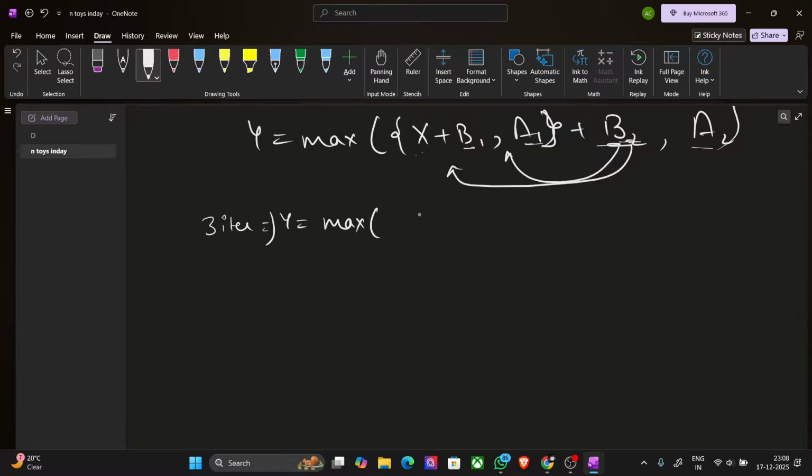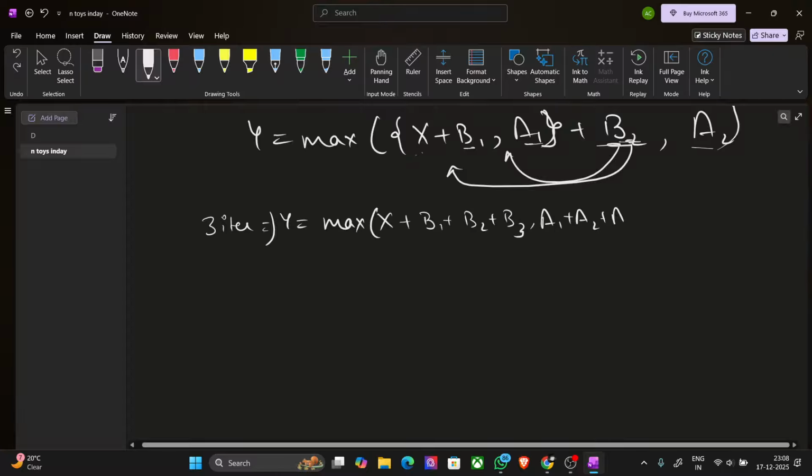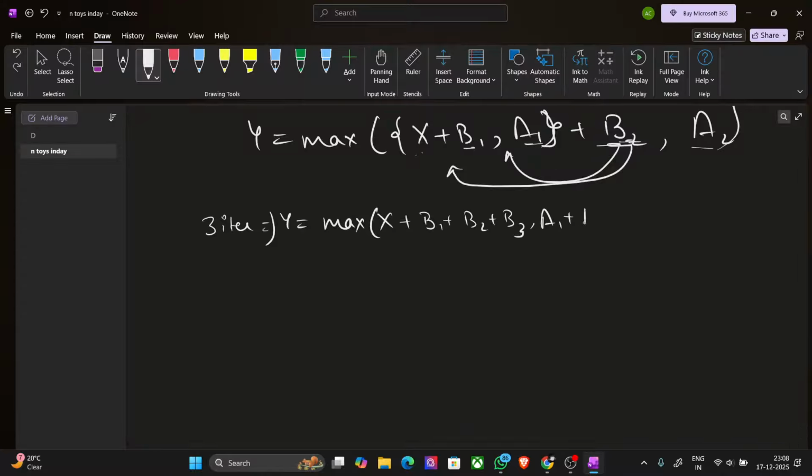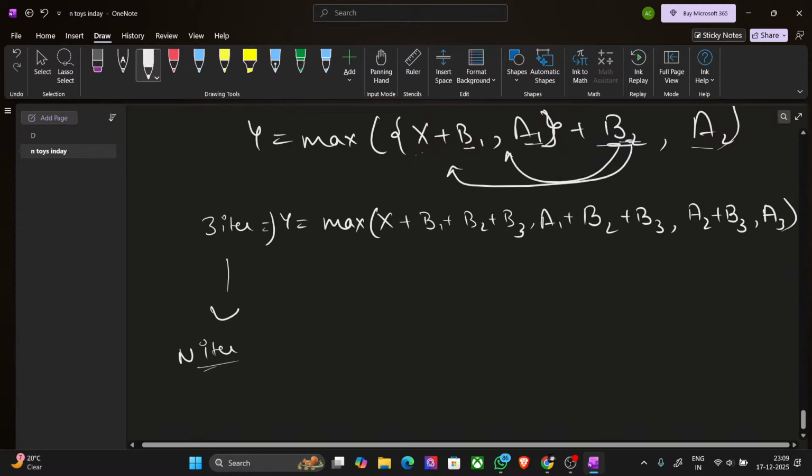Max of x plus b1 plus b2 plus b3, comma a1 plus b2 plus b3, comma a2 plus b3, comma a3. Now can you generalize this formula for the nth iteration?